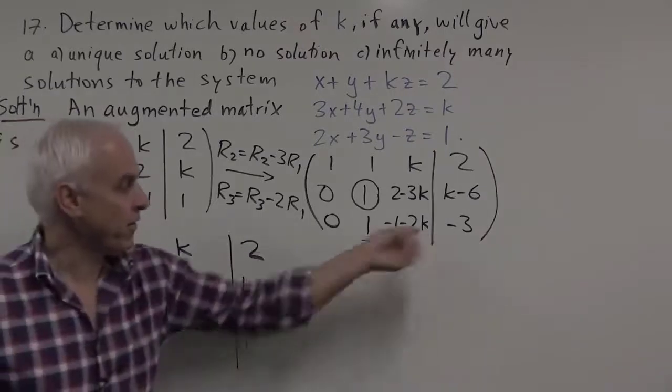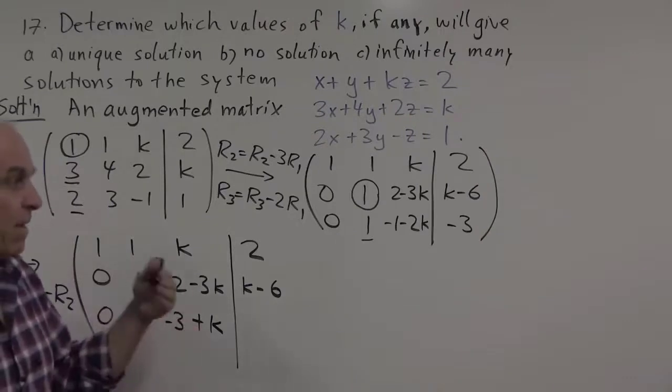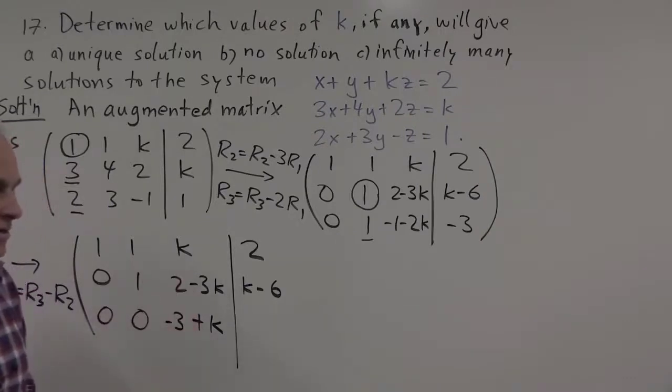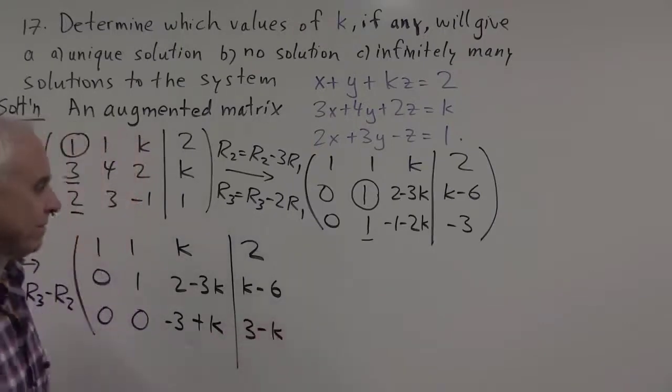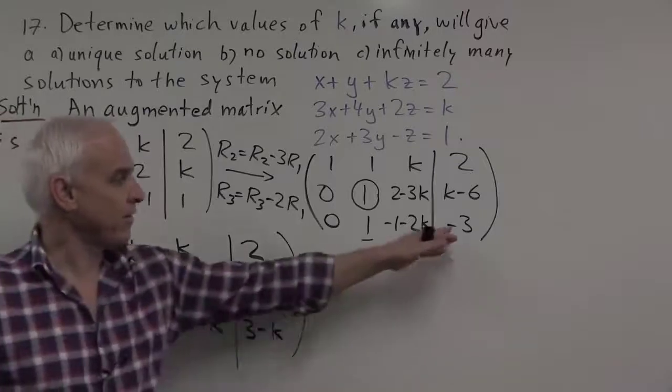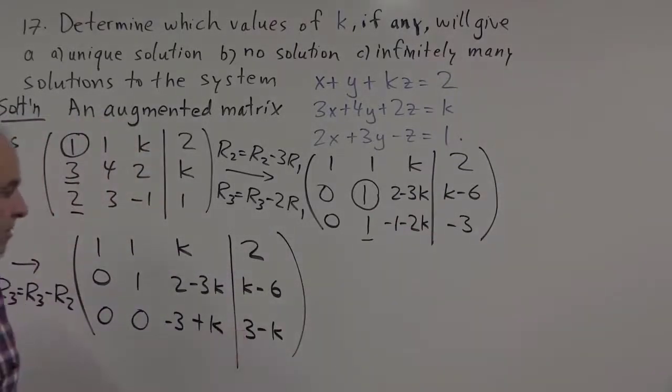And then over here on this side, we'll have minus 3, and then we have to subtract k minus 6. So minus 3 minus k plus 6, that's minus 3 plus 6, so it'll be plus 3 and minus k. This thing minus this will be 3 minus k.